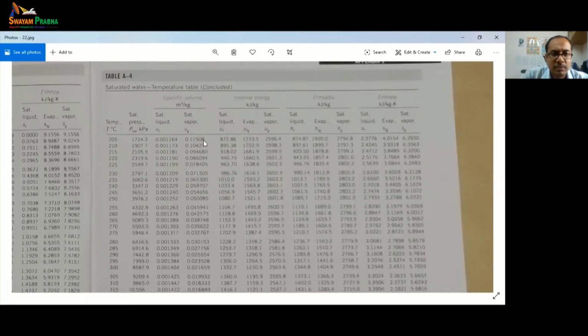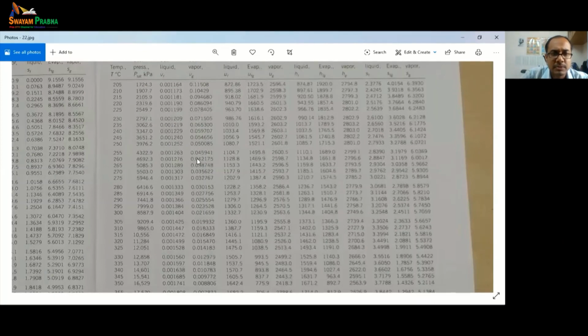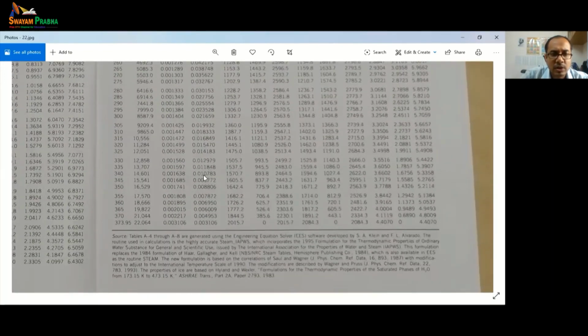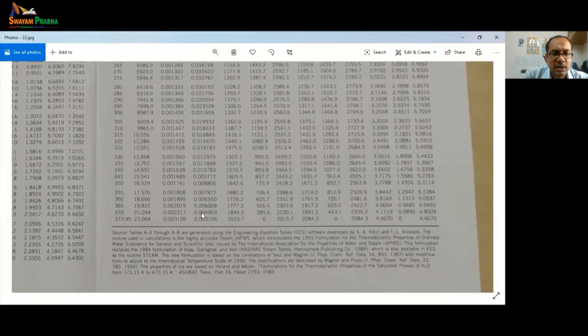If you go down, here we see that it is close, 0.0049. We are close but not exactly at the same point, and the corresponding temperature is 370 degree centigrade. So that's the closest value we can get.